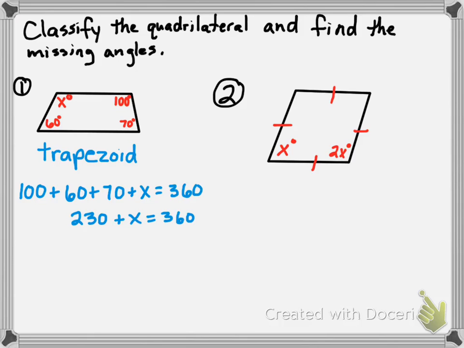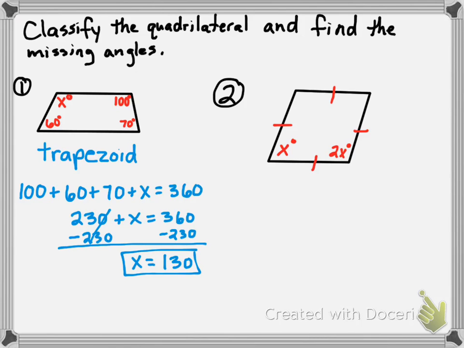Now I can solve my one-step equation. Subtract 230 from both sides, and I get that x equals 130. So this angle up here is 130 degrees. And I can always check it by adding all four together and seeing that it equals 360 degrees.